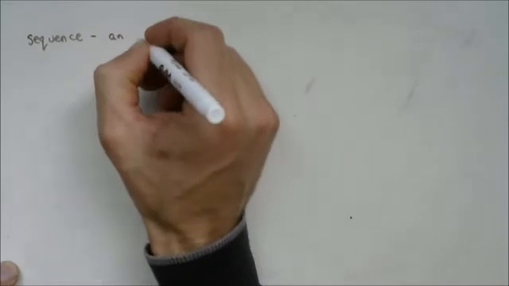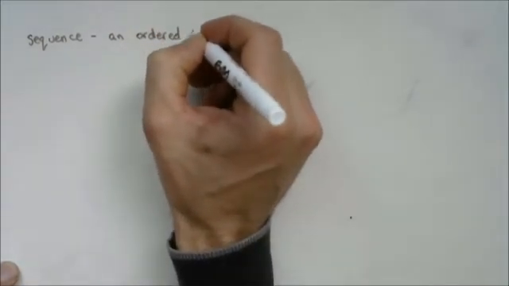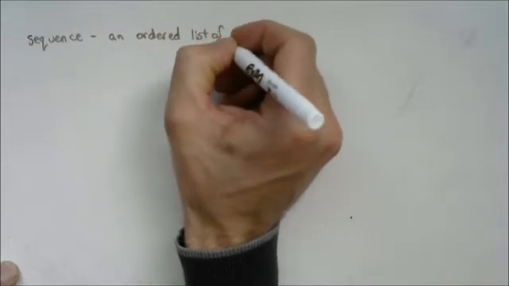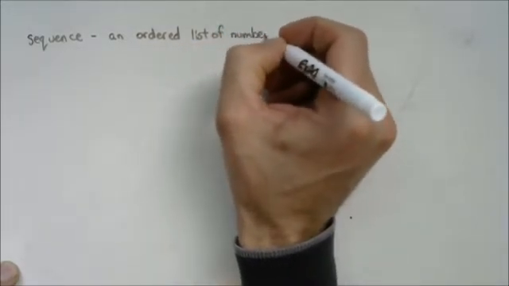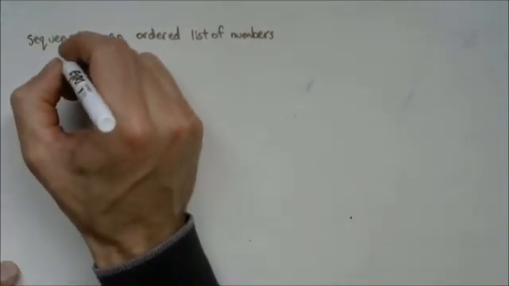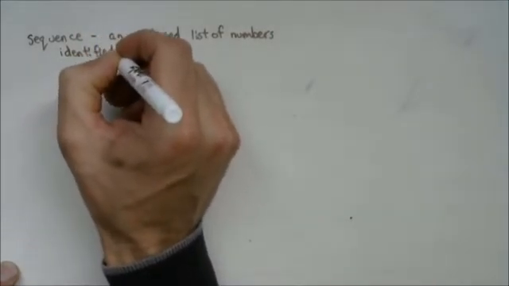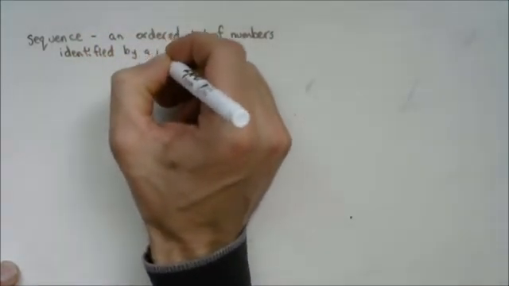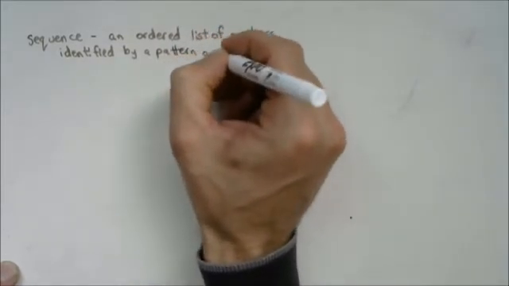This is an ordered list of numbers identified by a pattern or rule.